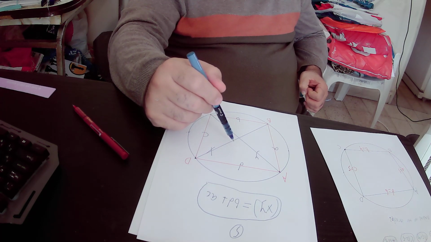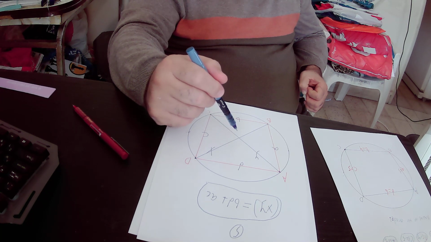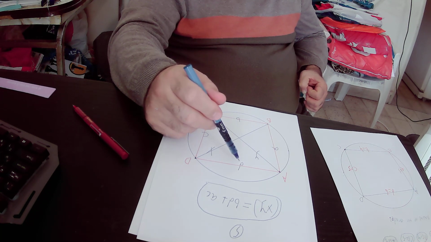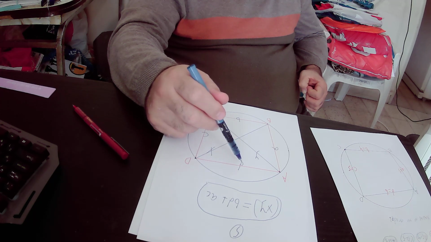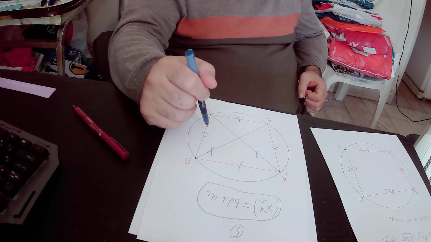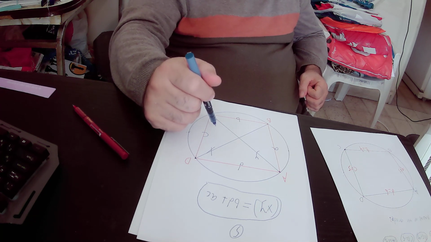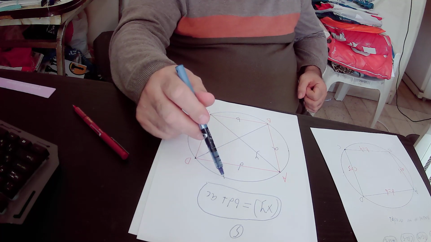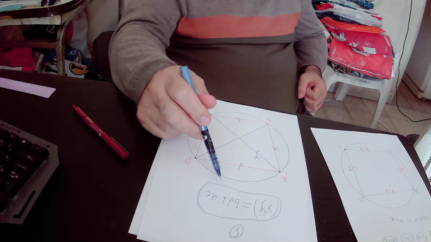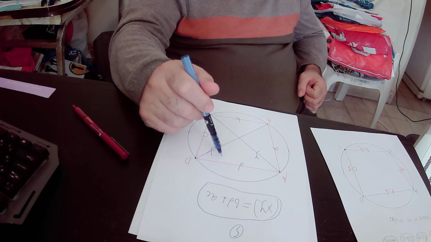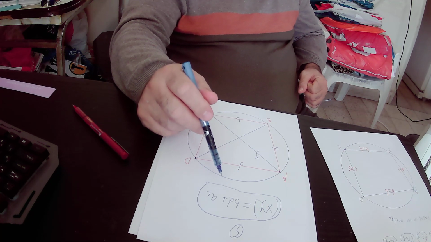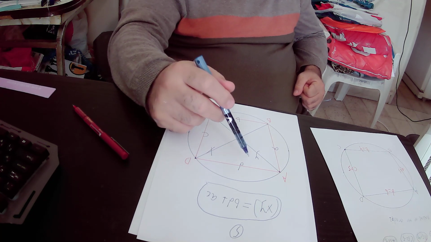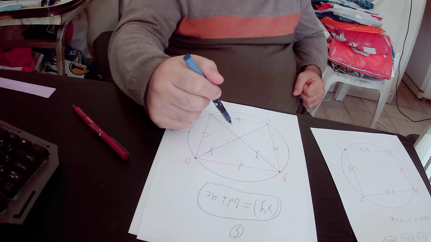BD is the first product of its opposite sides and AC is the second, and the sum of the products of its opposite sides is BD plus AC, which equals the product of its diagonals, X times Y. Okay?